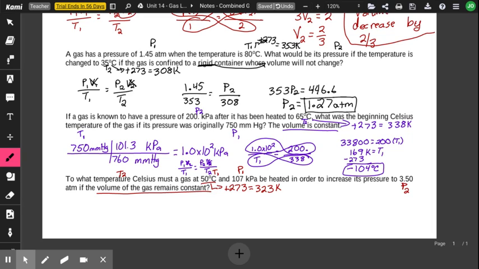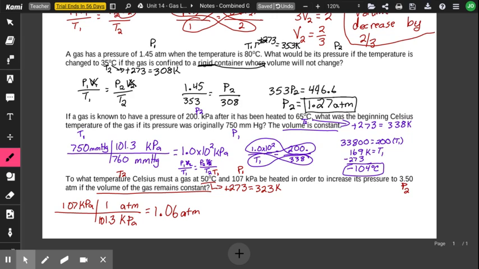So for converting into atmospheres, I take 107 kPa and go from kPa into atmospheres, and there's 1 atmosphere for every 101.3 kPa. Plug that into your calculator, and you're going to end up with 1.06 atmospheres. So my initial pressure was 1.06 atmospheres.